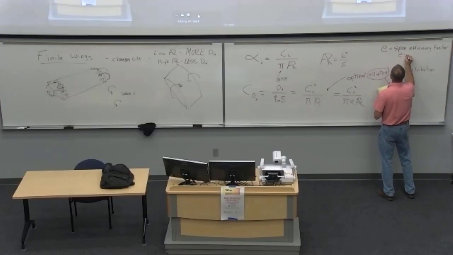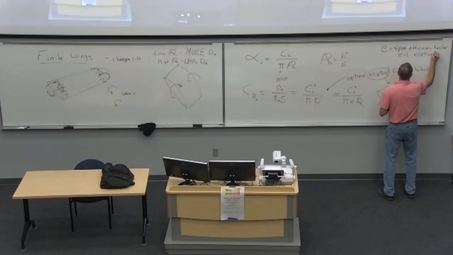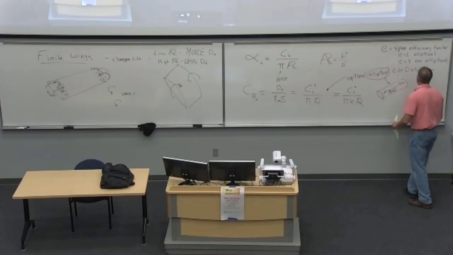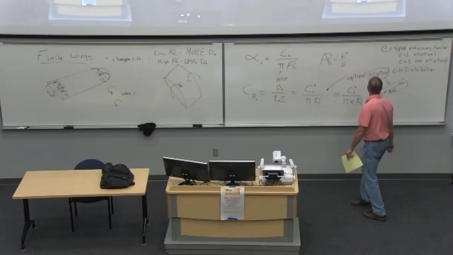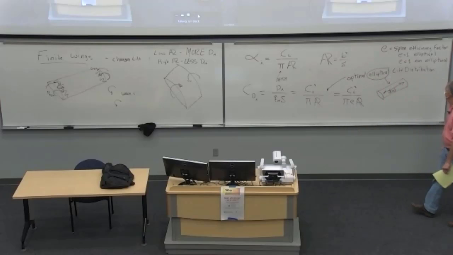Obviously E is 1 for elliptical, and E is less than 1 for non-elliptical. No, because E equal 1 is optimal, so you can't go super optimal, according to the theory.